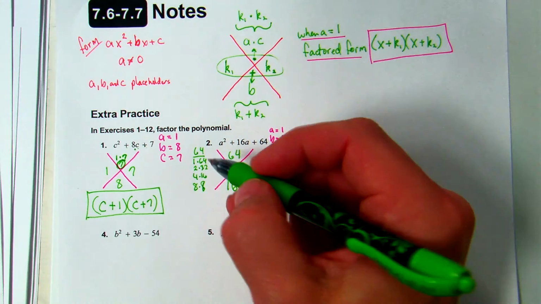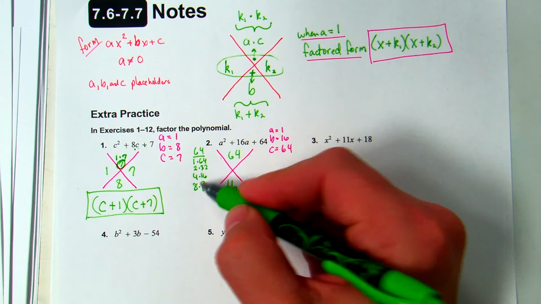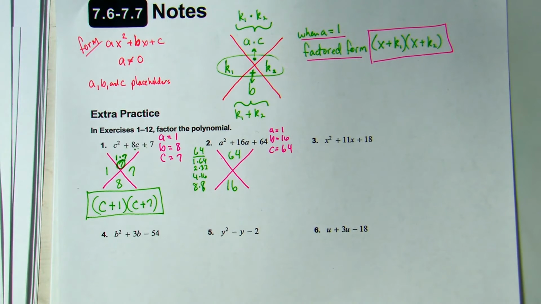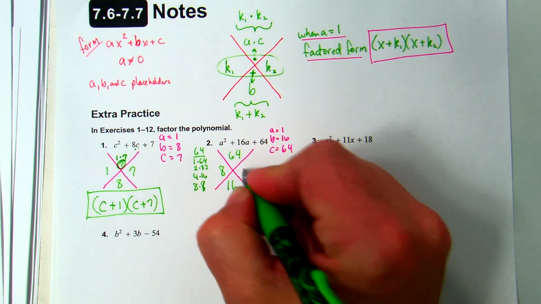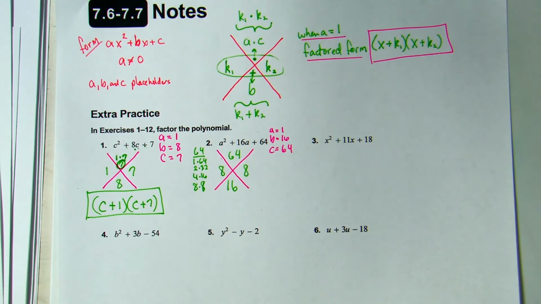So which of these factors, obviously we know they multiply to be 64, but which of these factors add to 16? 8 and 8, exactly. So I'll put 8 there and 8 there. Everything's positive, so everything's adding, so we're good.